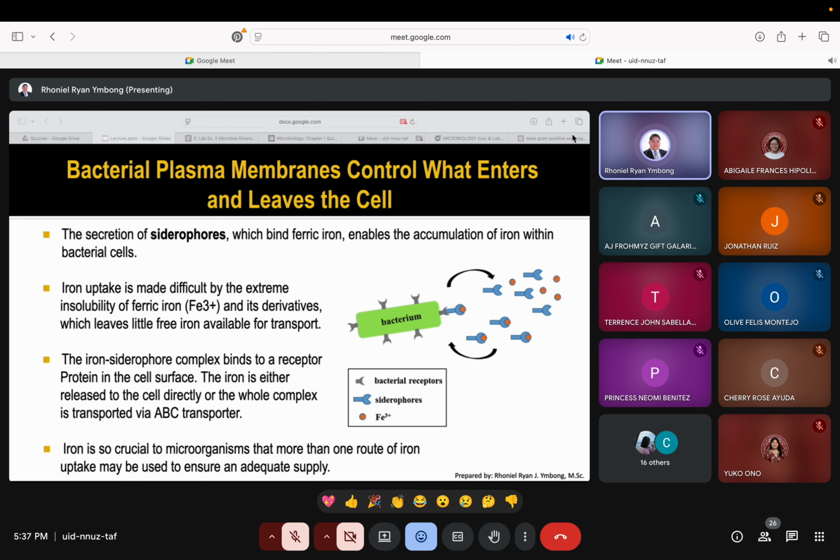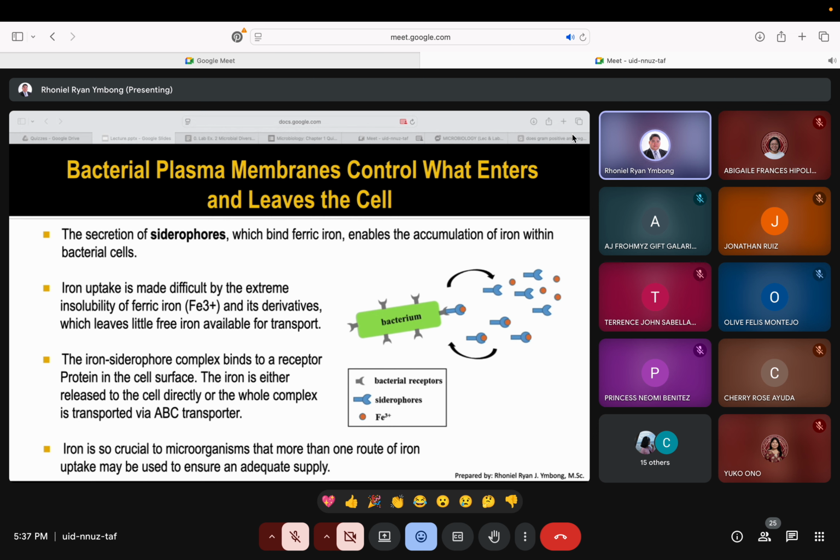But what we are really trying to look at here is that your bacteria, since they are quite small, really need to be quite strategic in their way of getting materials from the outside environment to the inside of their cell. Because if they do not become highly strategic, what would happen? Their storage is quite limited.